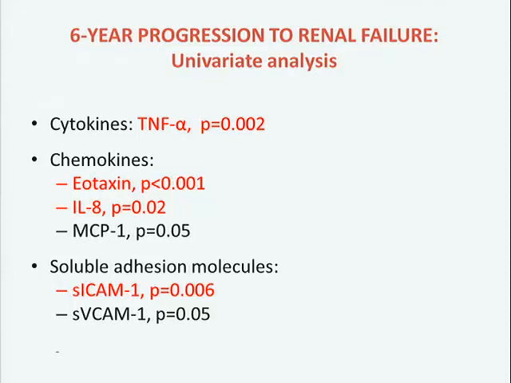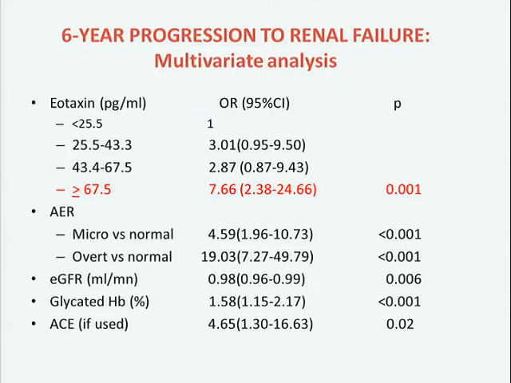So immediately we can see there are a lot more markers which seem to be associated with this outcome, and some of them are very strongly associated. It's not surprising that when we now do the multiple regression, as I said before, first entering in step 1 all the 6 markers which were significant on univariate analysis, only eotaxin is significant.